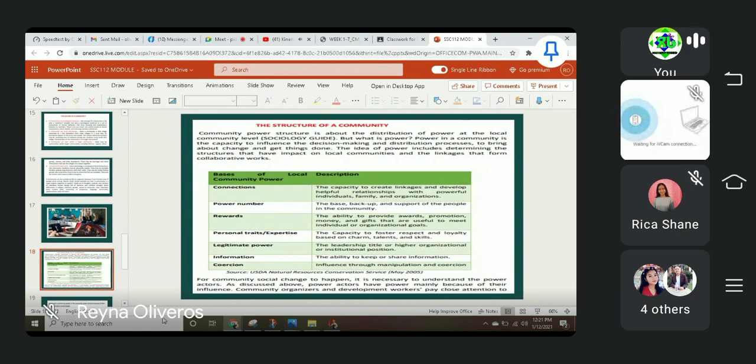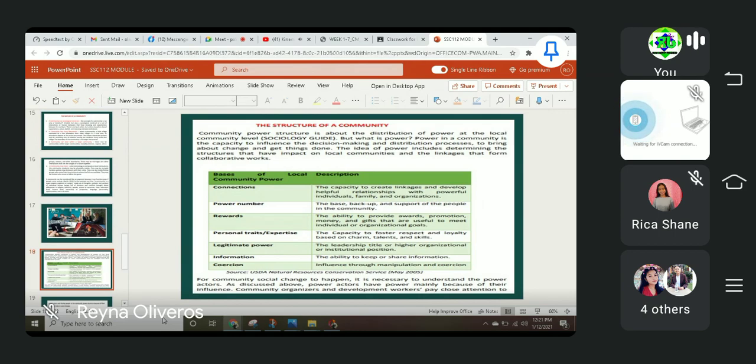So the leadership title or higher organizational or institutional position. Next is the information, or the ability to keep or share the information. Then, the coercion. Okay? The coercion is the influence through manipulation and coercion. So, yun yung mga community leaders.